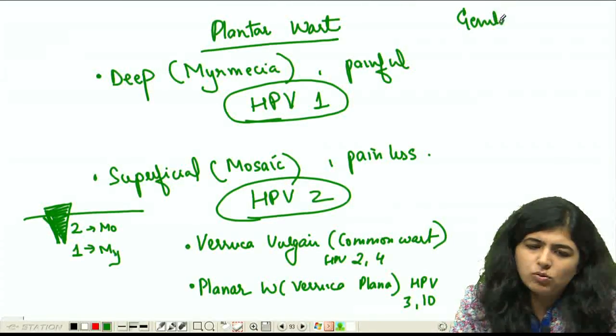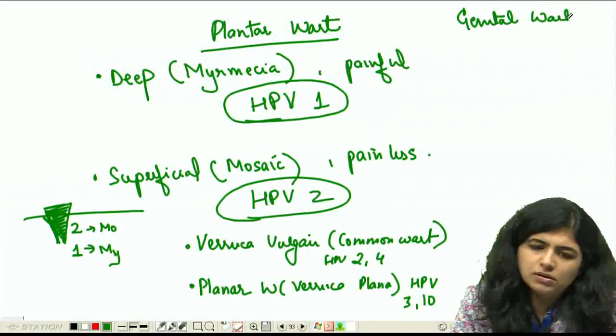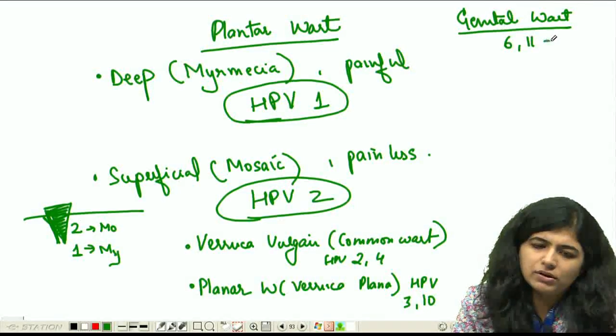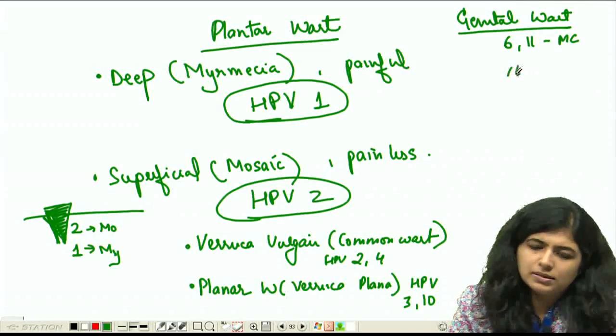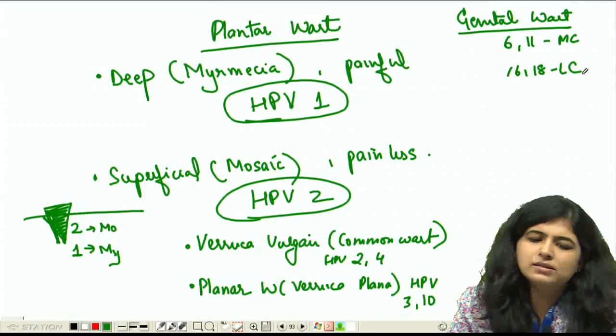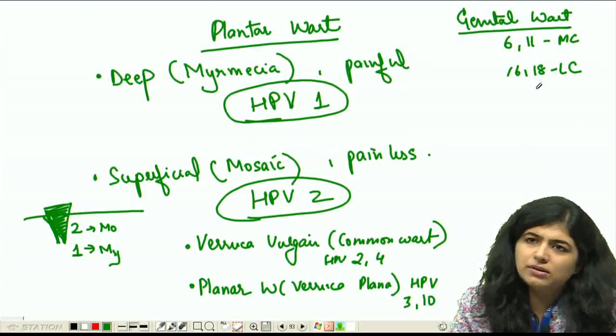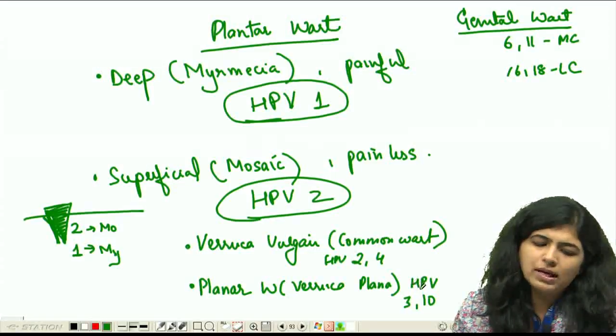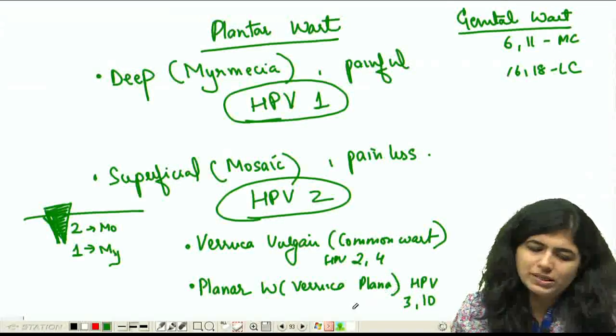Then in genital warts, it is 6 and 11 commonly, 16 and 18 are less common. Clear? So these are the different types of wart that you should know, and their subtypes, important questions.